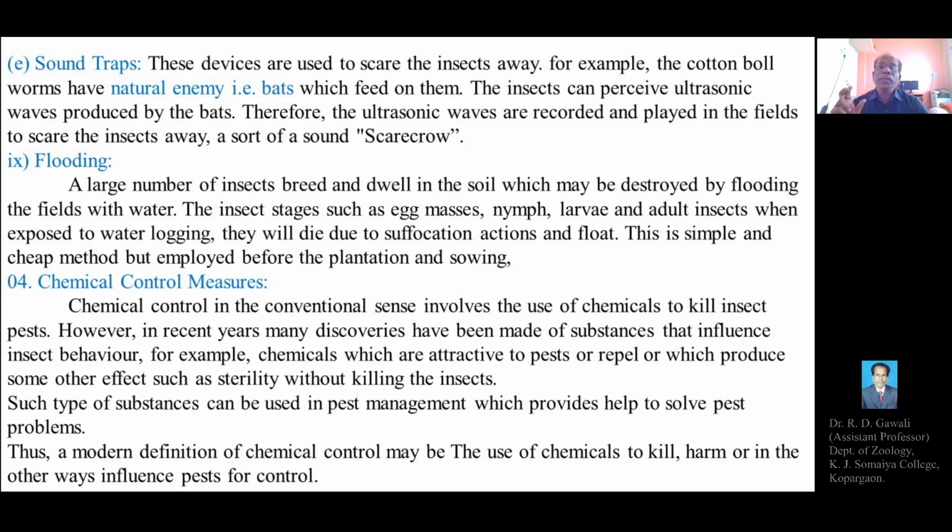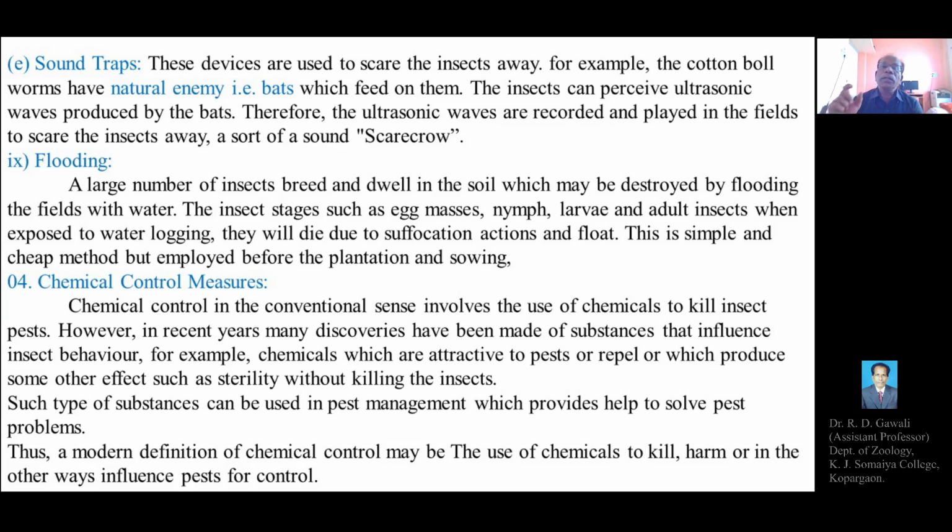So, chemical control measures involve the use of a variety of chemicals or pesticides for the destruction or killing of the insect pest or other pests, so as to protect the agricultural produce, or to protect the variety of crops which are grown or cultivated in the agricultural fields.